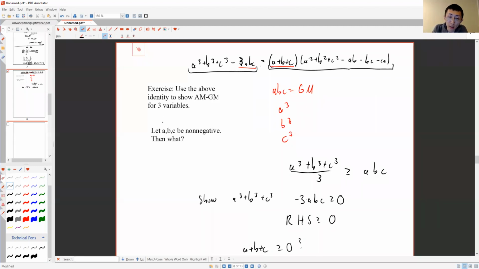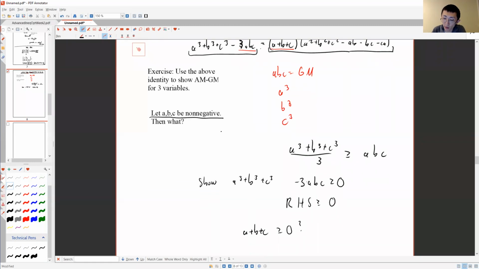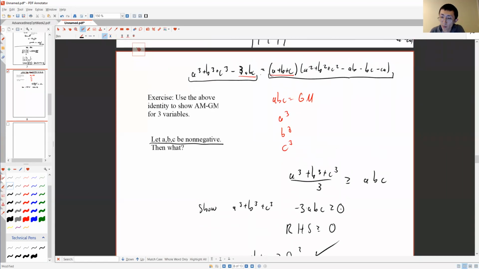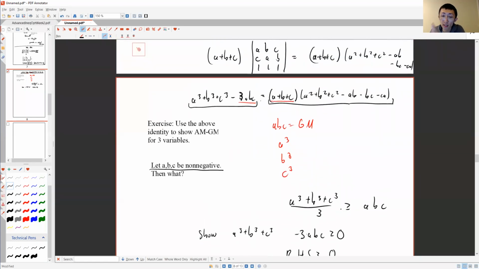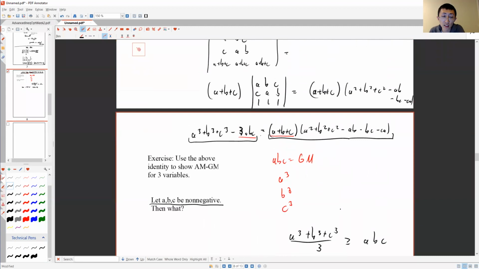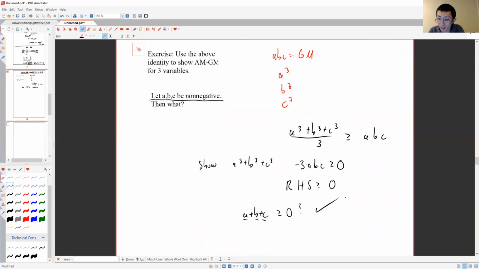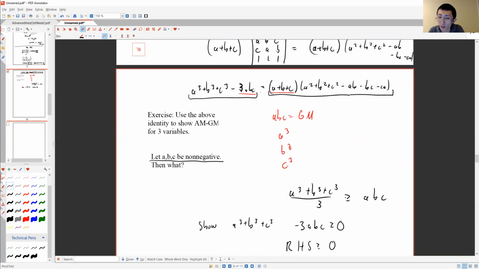The AMGM statement says let all the variables be non-negative. So if each is non-negative, then their sum is non-negative. Not necessarily positive. It works even if some or all of the variables are 0. AMGM still holds when all or some of them are 0. That's why I say non-negative instead of positive. I'd prefer if the English word was like positive and 0, which would be more clear, but the English word is non-negative, so I'll deal with it.